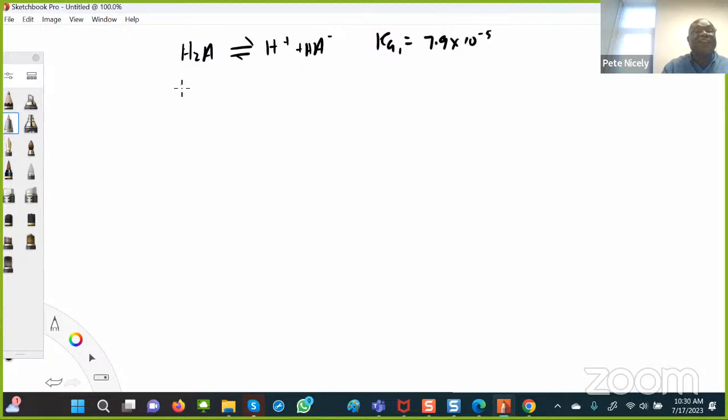And then for the second dissociation, HA minus to form H plus and A2 minus, the Ka2 would be equal to 1.6 times 10 to the minus 12. All right, so the idea is to find the pH of the solution.